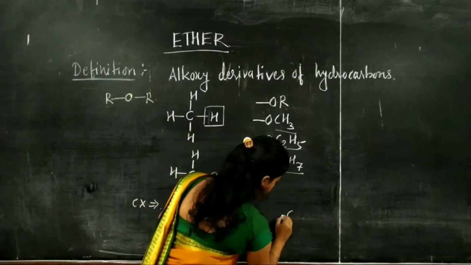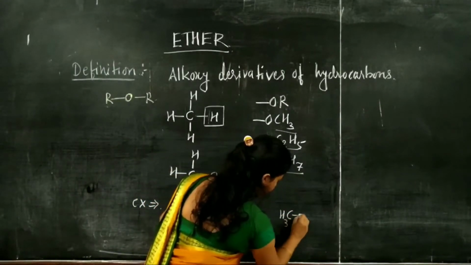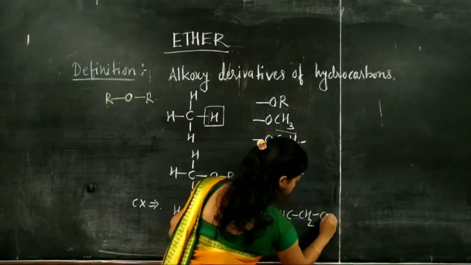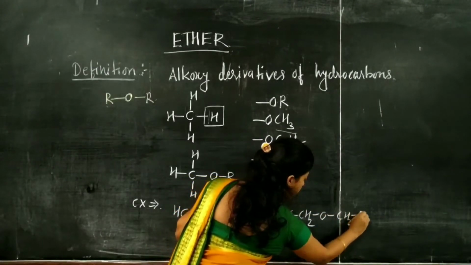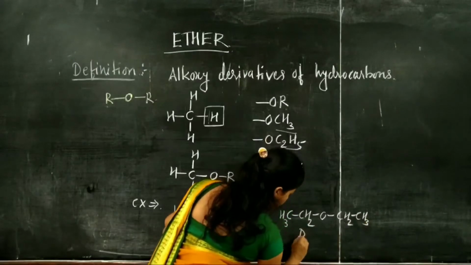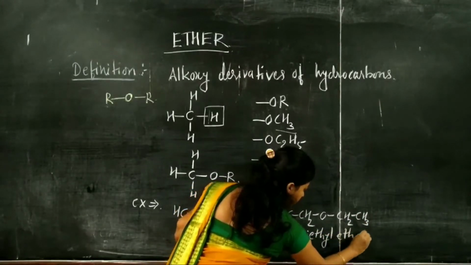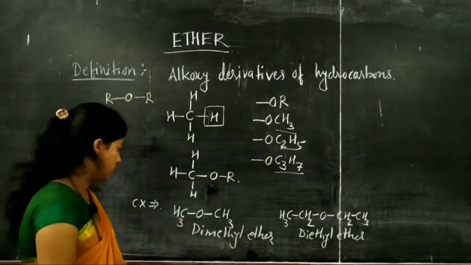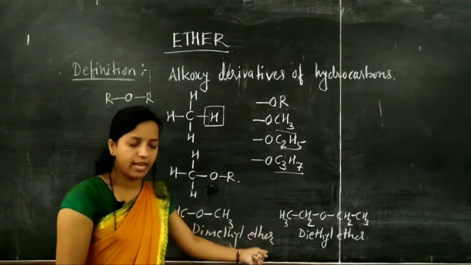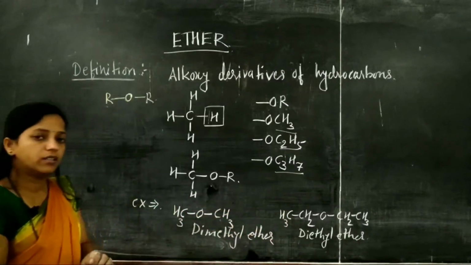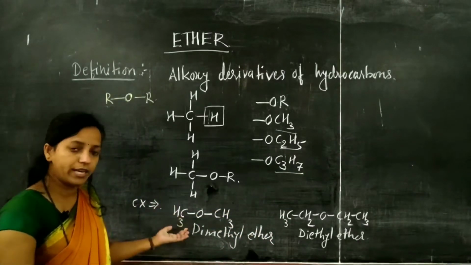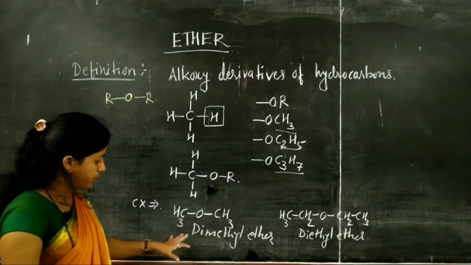Another example we can take with an ethyl group on both sides. The name of this is diethyl ether. These are the common names: dimethyl ether, diethyl ether. How to write the IUPAC nomenclature?